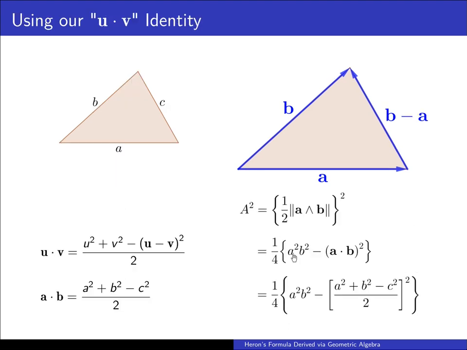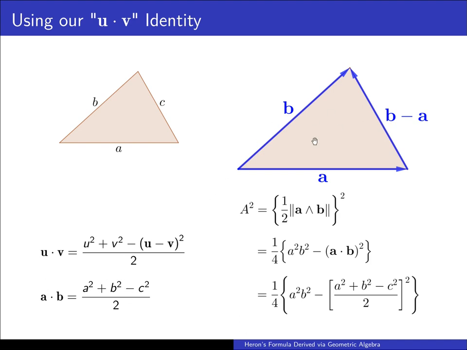Continuing on here, we arrived at this point, and now to obtain an expression for the dot product of the vectors a and b, we will use this other identity that we saw a moment ago, and in terms of the given triangle here, u minus v squared would be b minus a squared, which is the square of the length c.